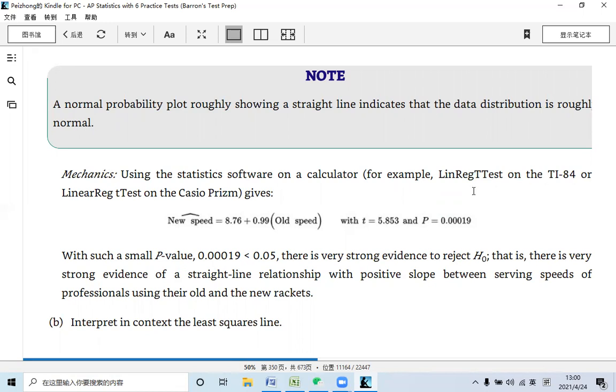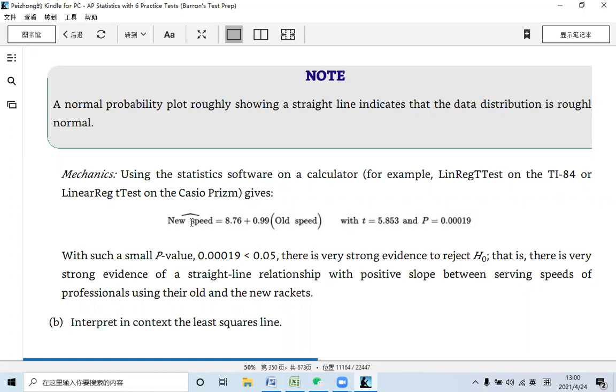And then, remember the calculator. I would highly recommend the TI-84, Texas Instruments 84, is really good. And then you can get the formula. This will be the regression formula.